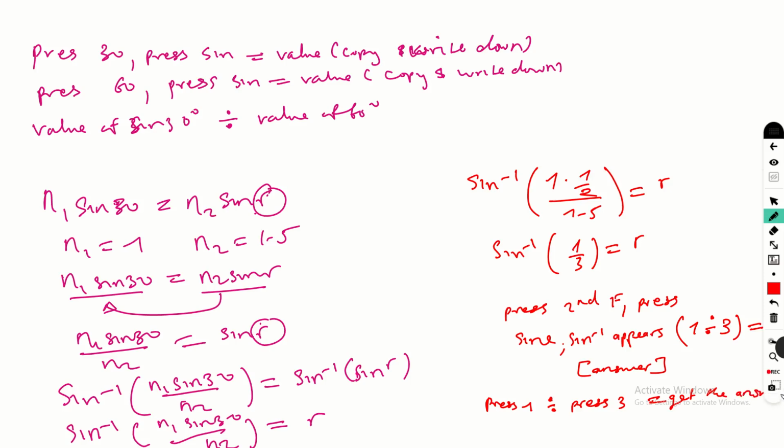Now when the answer is on the screen, press second function, then press sine, and you have the correct answer. So that's how you do it for the other calculators.